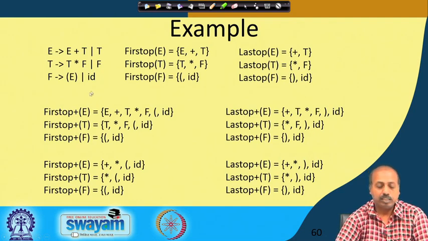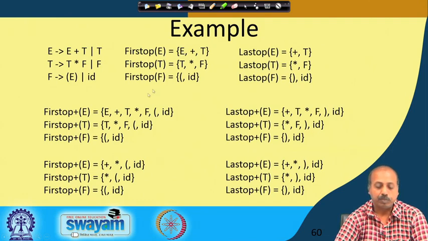Then we have to construct the first plus. So, first plus of E: since T appeared, whatever is appearing in the first list of T should appear in the first list of E. So, apart from this E plus T, we add this T star and F onto this, and then in the next round, since F appears, whatever is in the first list of F will appear in here.